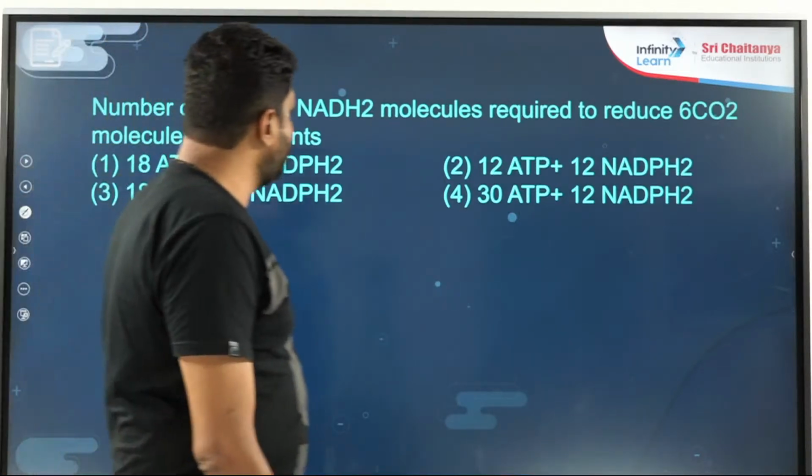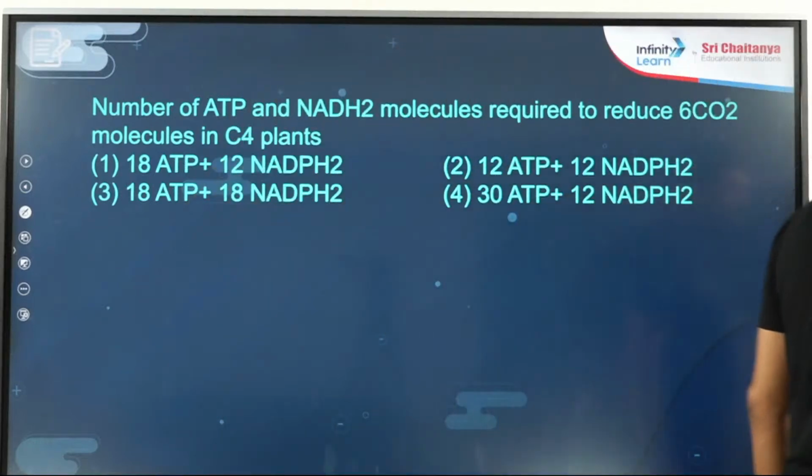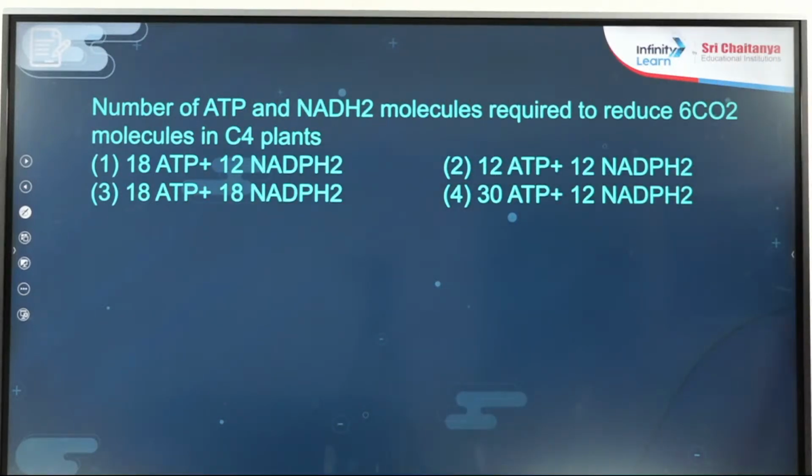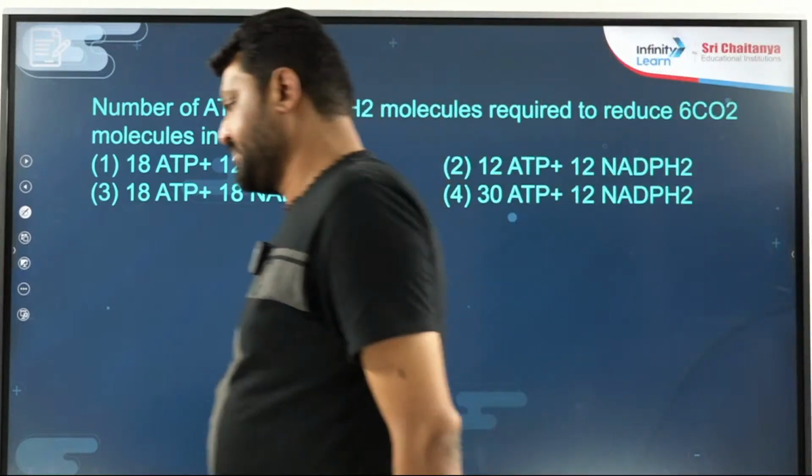Number of ATP and NADPH2 molecules required for reduction of 6 CO2 molecules in C3 plants.